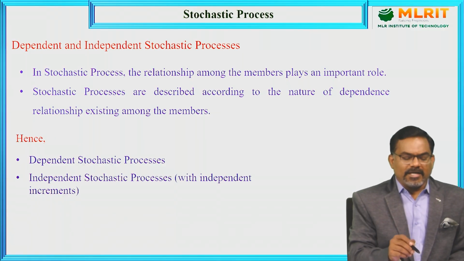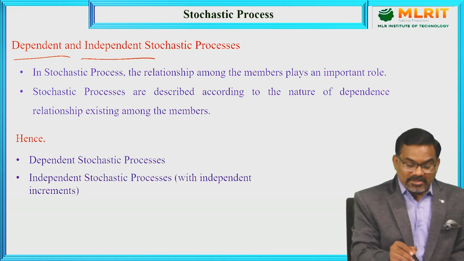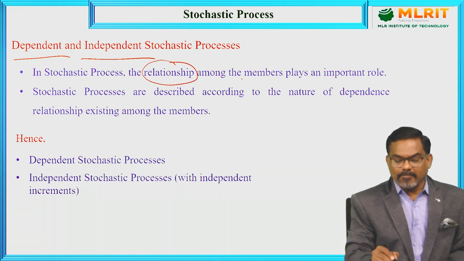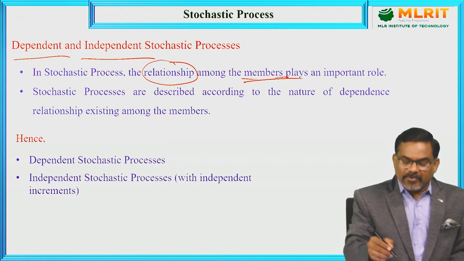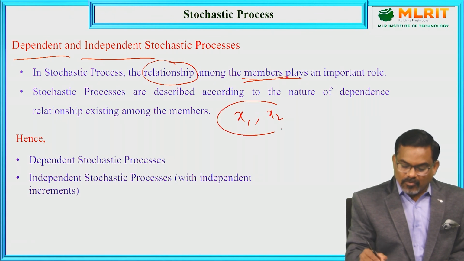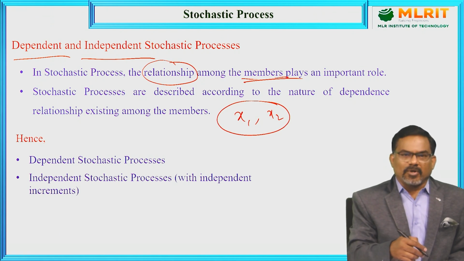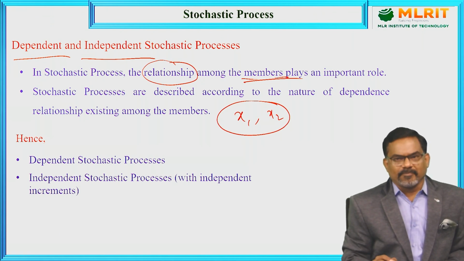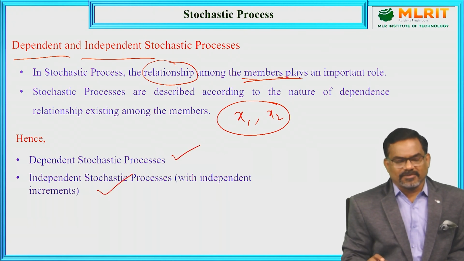Now, dependent and independent stochastic processes. In stochastic processes, the relationship among the members plays an important role. So, if you consider two members of the system, for example x1, x2, how these two members are related, or whether they are related or not. Depending on that, we can divide the stochastic process into two types: the dependent stochastic process and the independent stochastic process.